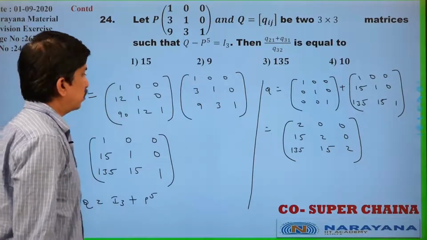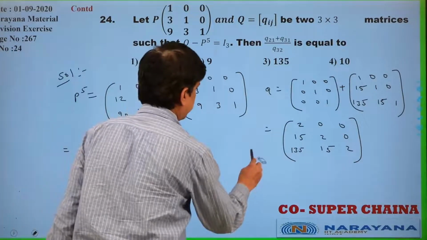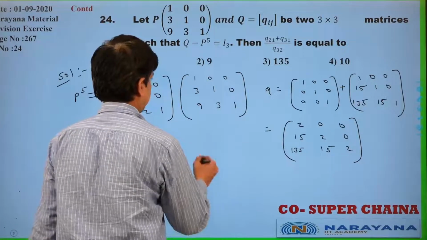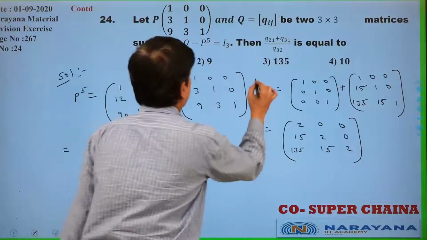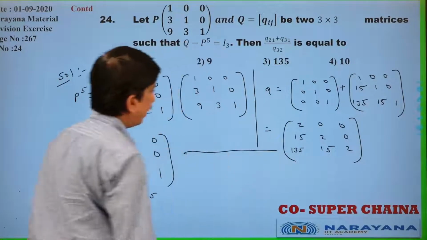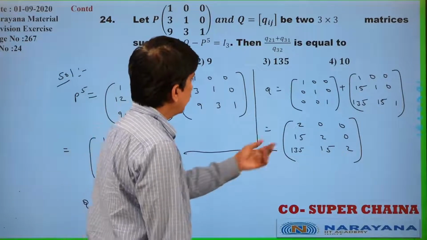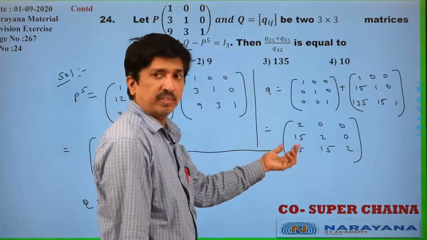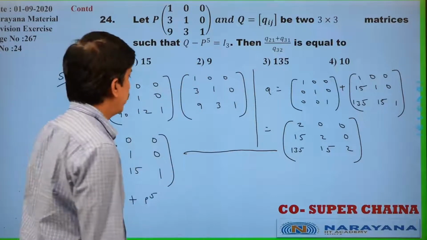What they are asking, once you observe that one, here I am writing, just you observe that Q21. See, this is Qij, capital Q we got, capital Q is Qij.